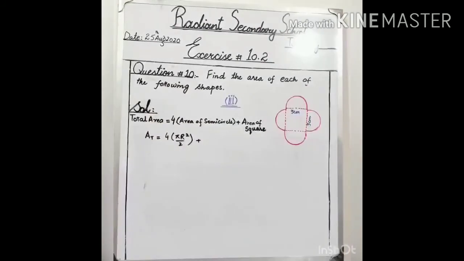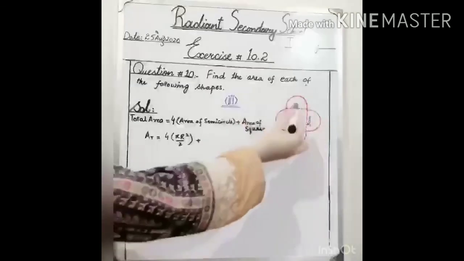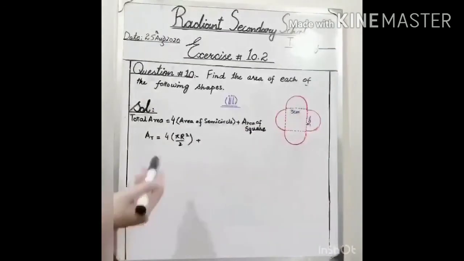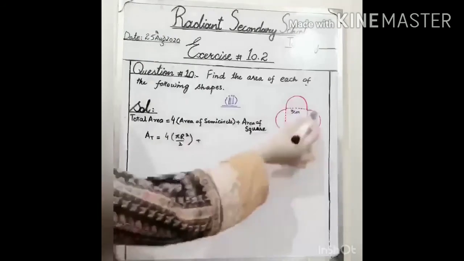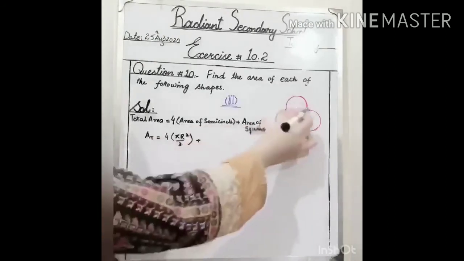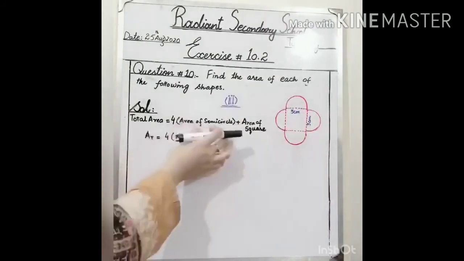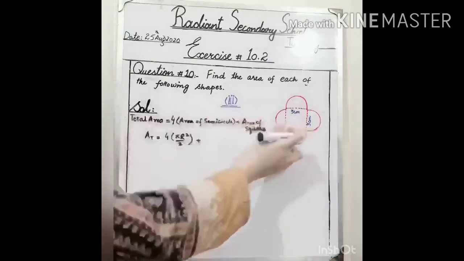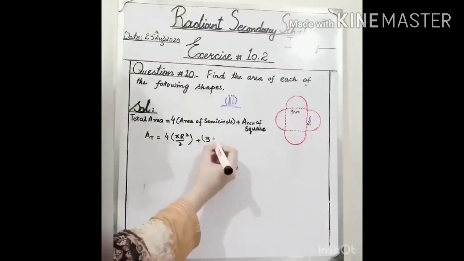In the third part, students, we have 4 semicircles and 1 square. So how will we find the area of this shape? We write 4 into area of semicircle. Why do we write 4? Because there are 4 semicircles. 4 into area of semicircle plus area of this square. So here 4, the area of a semicircle is pi r square divided by 2, and to find the area of the square, one side is 3, so you will take the square of 3.